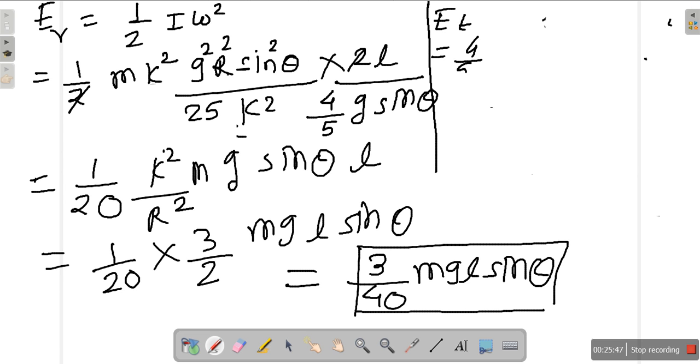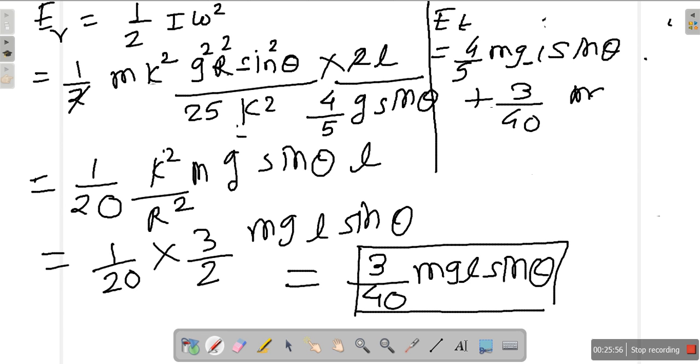So it was 4 by 5 mgl sine theta plus 3 by 40. Let's take mgl sine theta common.